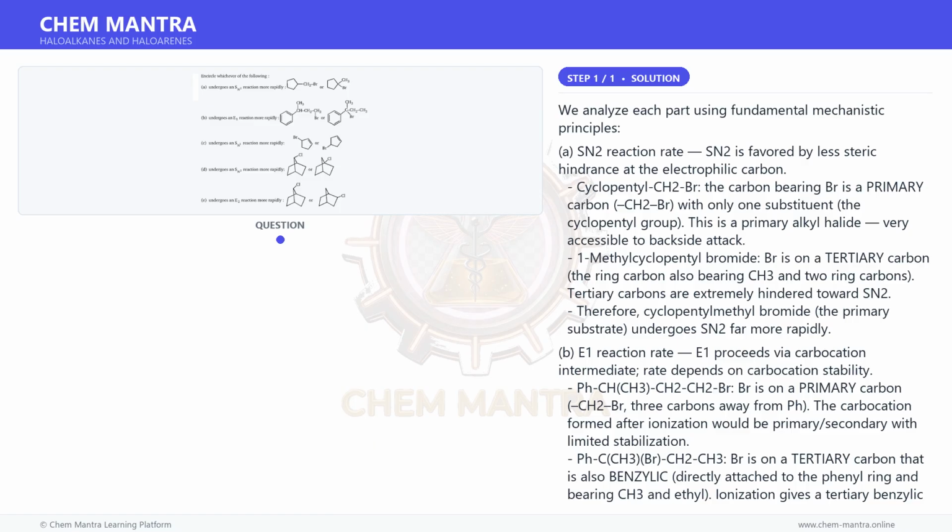C. SN1 reaction rate. SN1 is favored by more stable carbocations upon ionization. 3-bromocyclopent-1-ene: Br at C3, vinyl double bond at C1, C2, so C3 is allylic to the double bond. Loss of Br gives an allylic carbocation stabilized by resonance with the double bond. This is a secondary allylic carbocation.